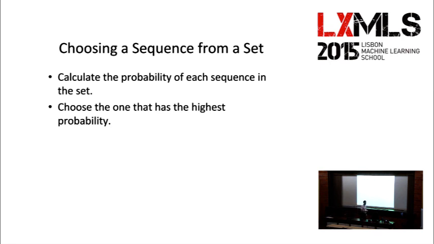So one case this comes up is if you're doing speech recognition or machine translation, and you have a way to propose a set of candidates, and then you want to use your n-gram model to choose one that is reasonably likely, one that is expected to be fluent under our n-gram model. First, calculate the probability of each of the guys in the set. And then what?